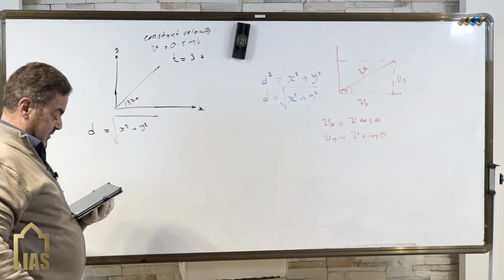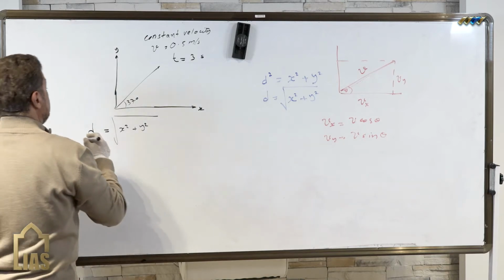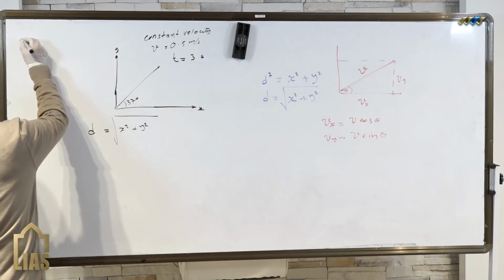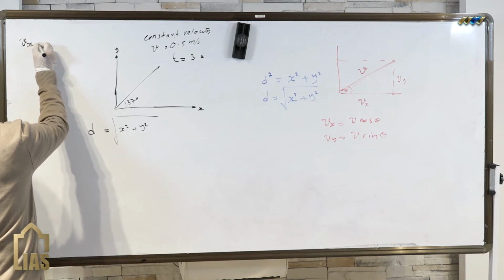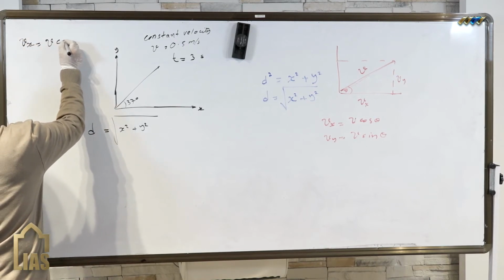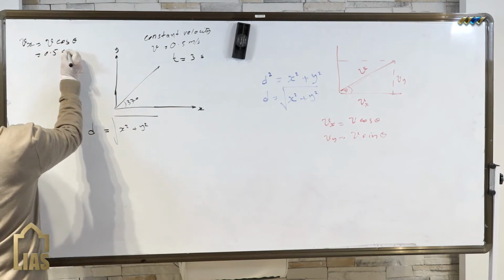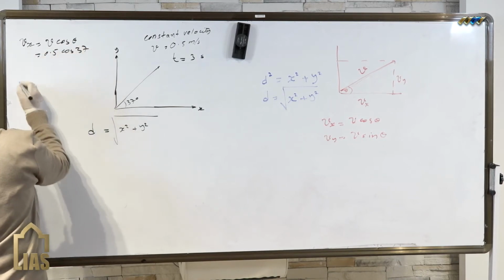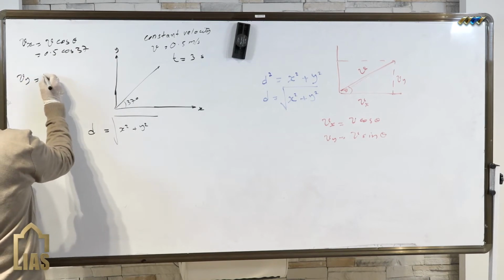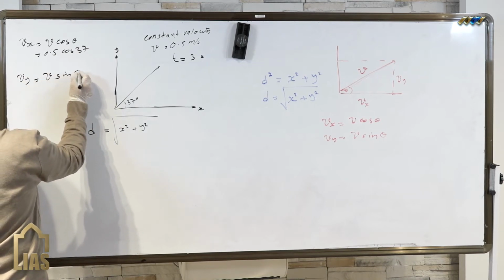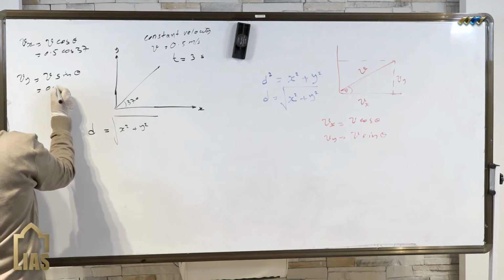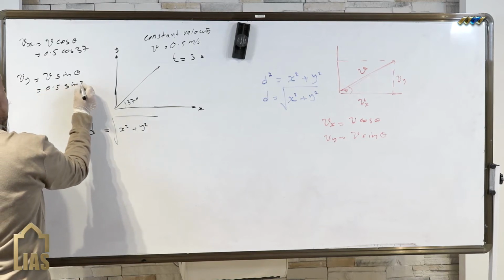Vx, let me do it here. Vx is equal to v cosine theta, which is 0.5 cosine 37. Vy is equal to v sine theta, which is 0.5 sine 37.